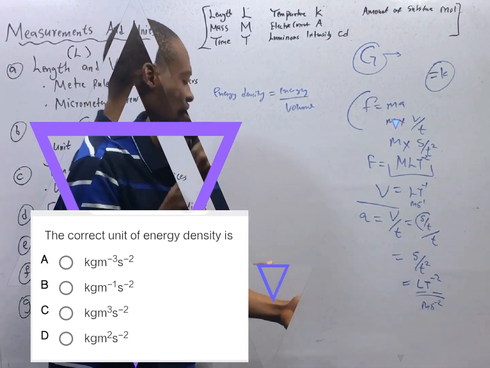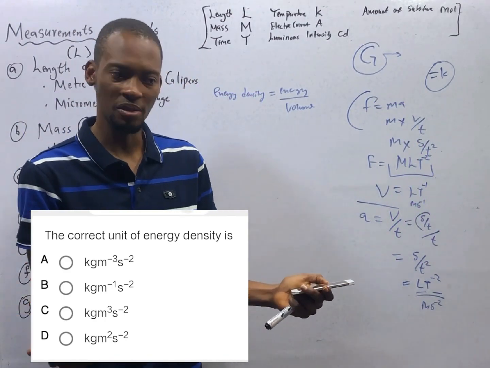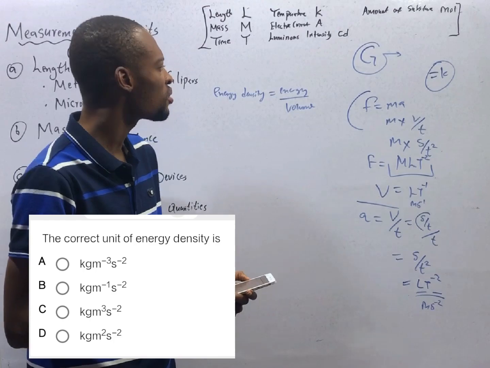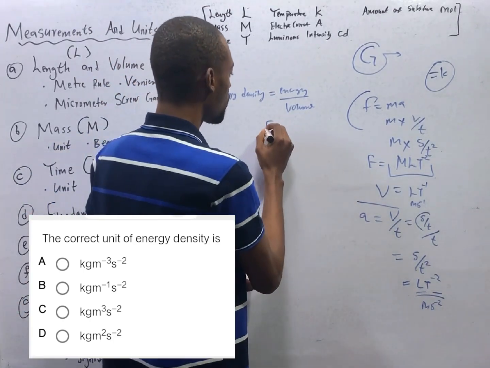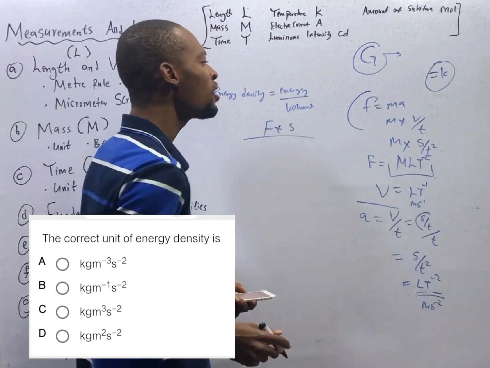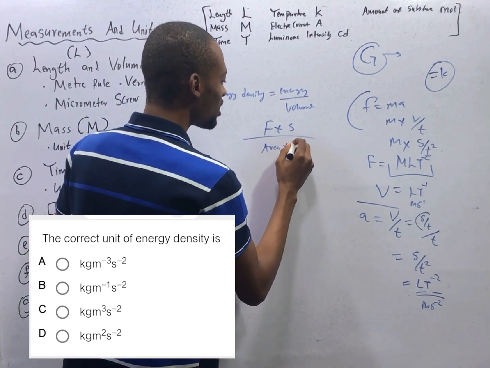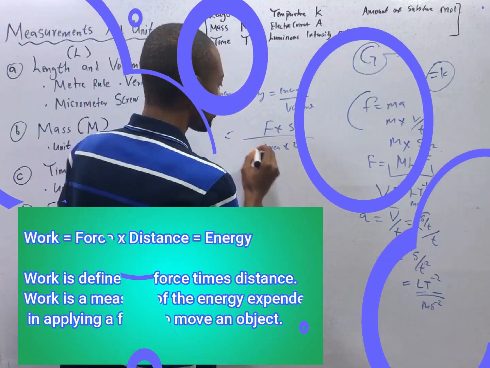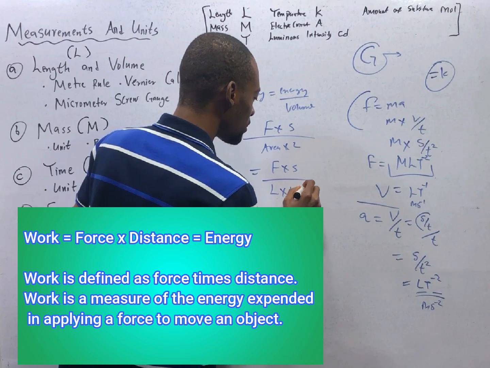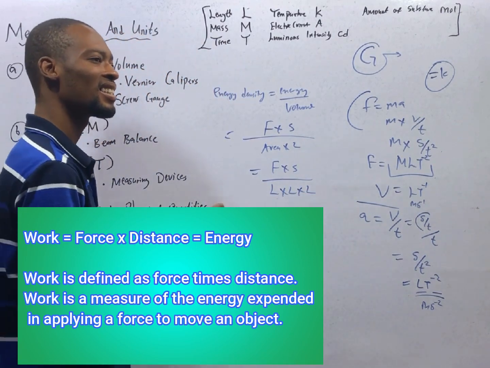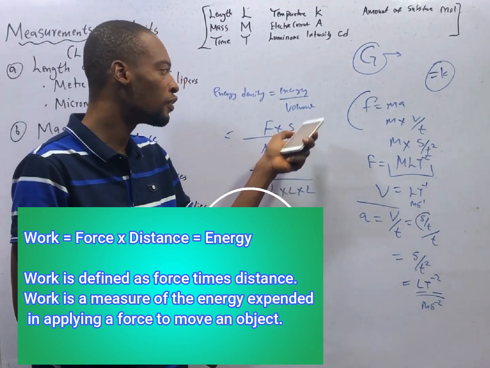And what is energy? Energy is the ability or capacity to do work. You see, work and energy. So you can get energy to be force times distance. And volume is area times length, so force times distance over length times length times length. When you multiply length 3 times, or 3 lengths multiplied, will give you volume.